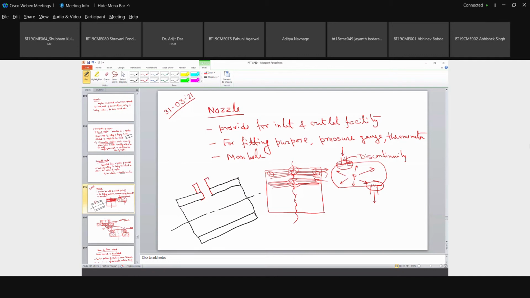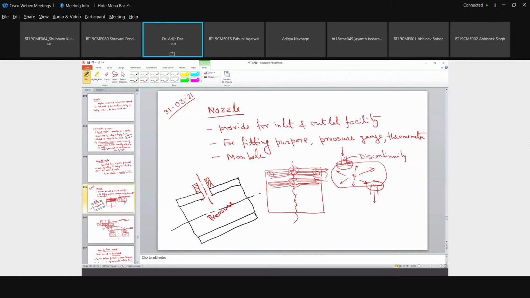This is the nozzle. And here we make a hole. Now since we make a hole in the cell wall, here there is internal pressure, huge pressure.